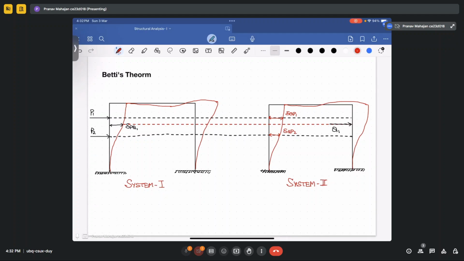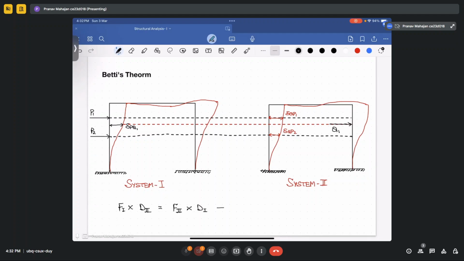So what Betty's law says is that the force in system 1 into the displacement in system 2 is equal to the force in system 2 multiplied by the displacement in system 1. Okay.